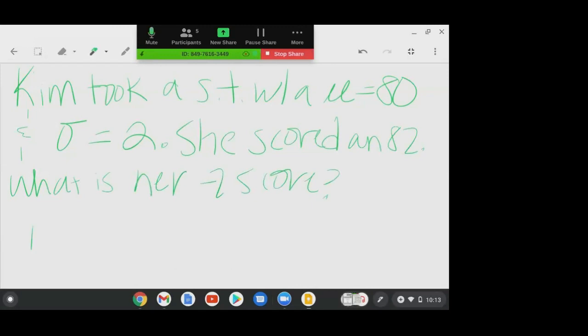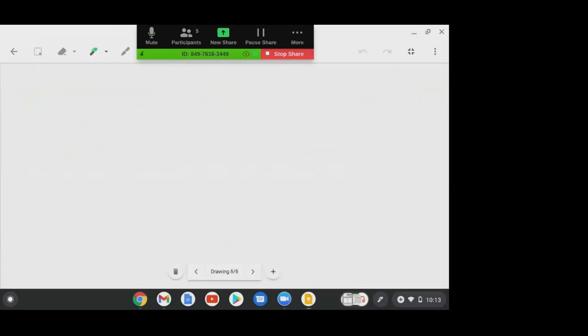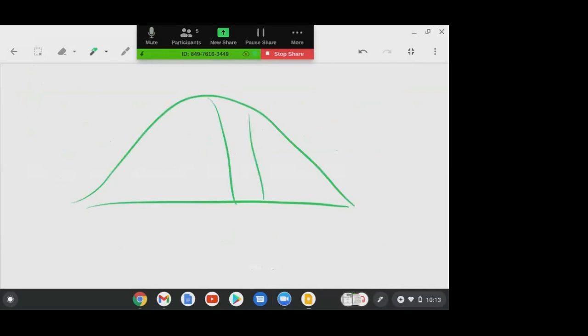Okay, and for those of you that know how to do this, great. But give me a minute before you answer, because I'm going to work through it for those that don't know how to do it. So we're going to have 2, 1, -1, -2. Okay. So I need to know the mean is 80 and the standard deviation is 2. So I'm going to go over here, draw my bell curve, put in my z-scores.